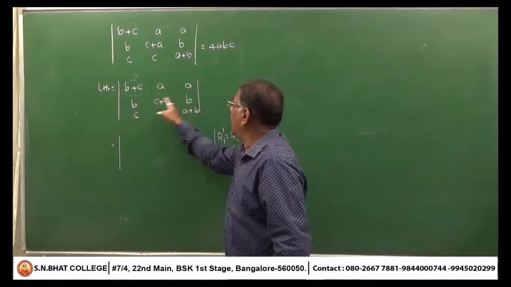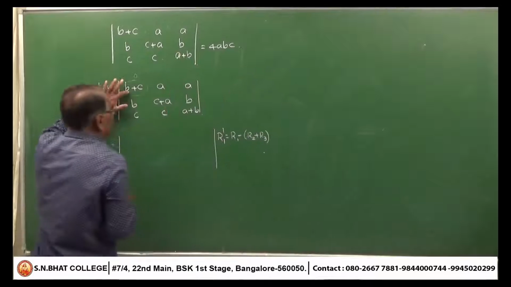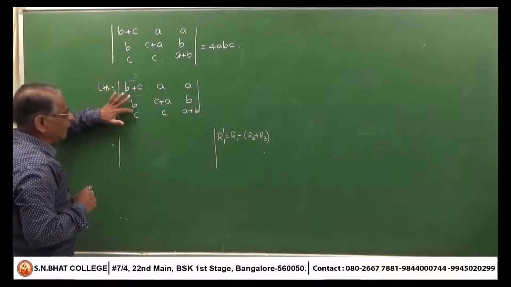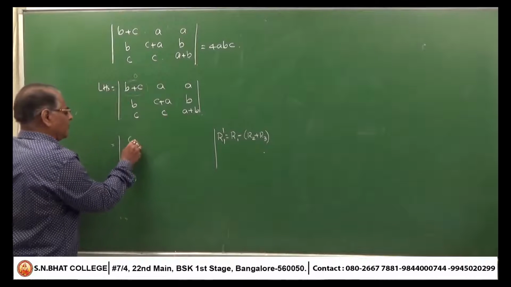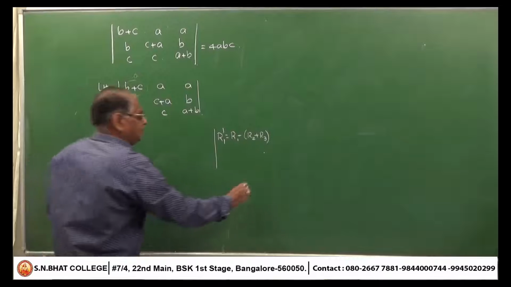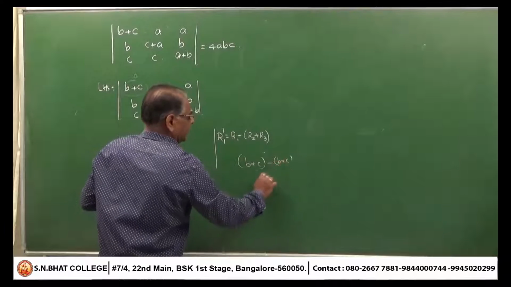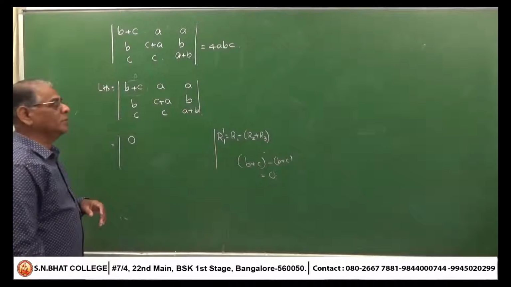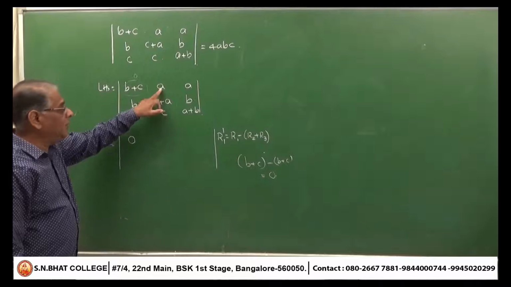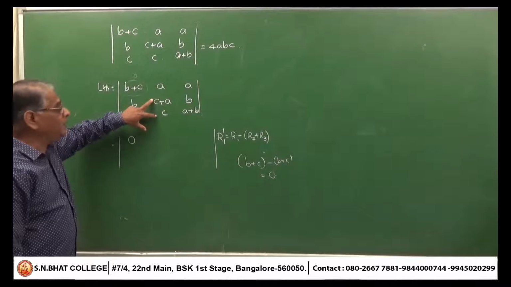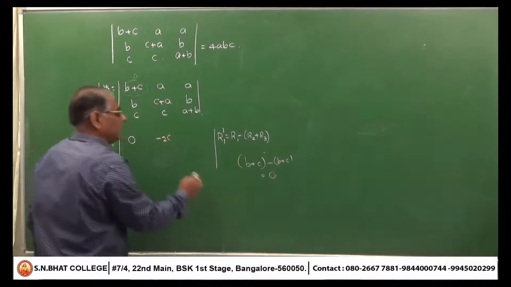This is R1, R2, R3. R1 dash is R1 minus of R2 plus R3. R2 plus R3 is B plus C. Subtract from R1, it becomes 0. B plus C minus of R2 plus R3, this becomes 0. Next, this minus this. Add these two: 2C plus A. Subtract from A, it becomes minus 2C.